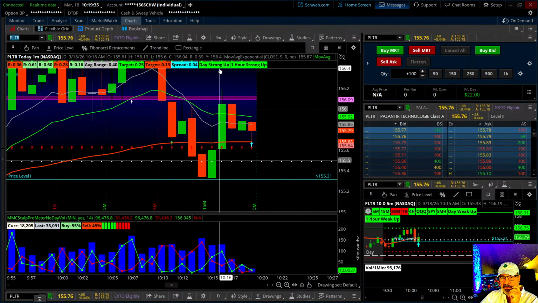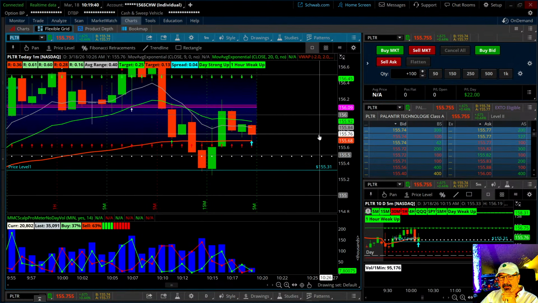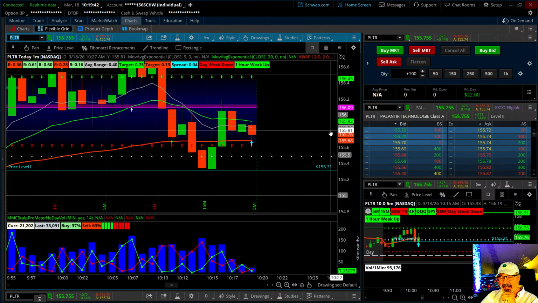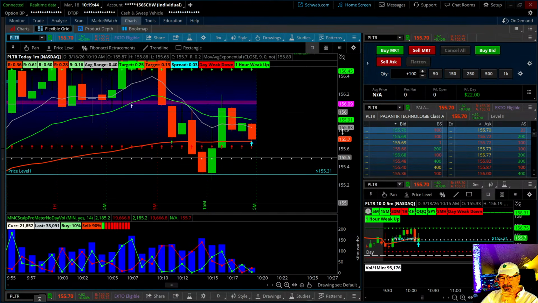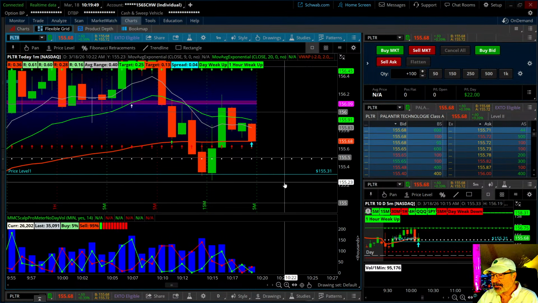This is using those as well, calling it dynamically every second. It's trying to suck me in at this VWAP, and I just don't feel comfortable doing it.